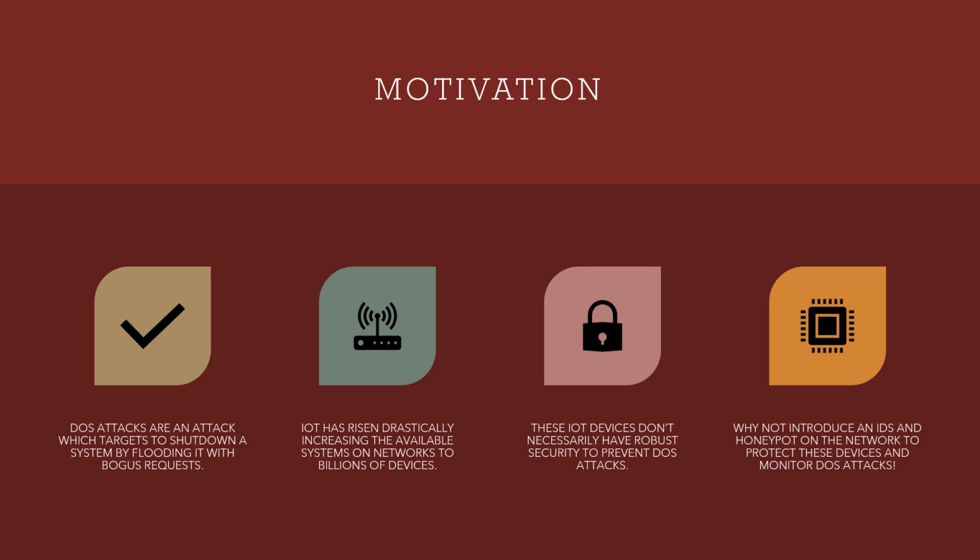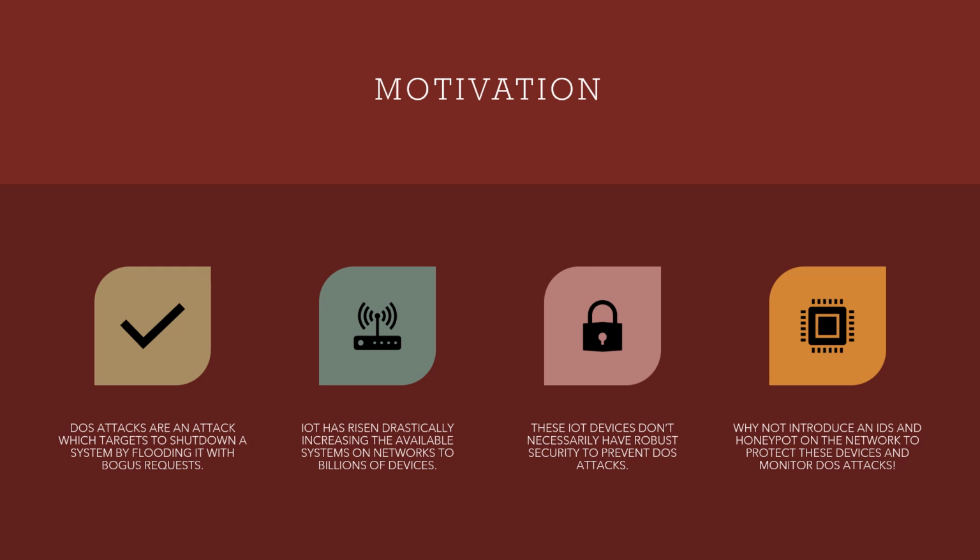And so IoT has also risen drastically over the years, where there's billions of devices out there attached to all the networks, which creates a lot of unsecure systems for bad actors to try and dive into. And also, IoT devices don't necessarily have robust security measures to prevent attacks, more specifically denial of service.